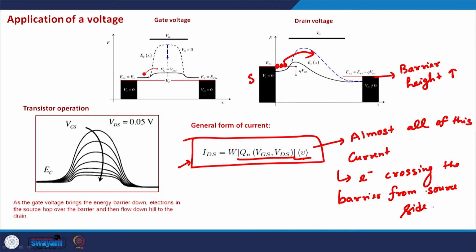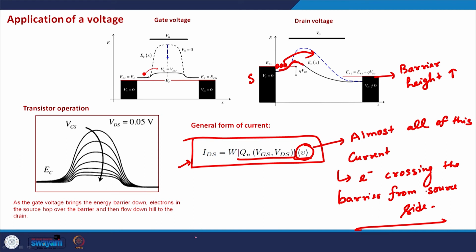Please keep this in mind. Here we have written the average velocity, but if we try to understand the velocity of electrons crossing the barrier from the source side, in the beginning they encounter this peak of the barrier. What is the electric field at the peak of the barrier?